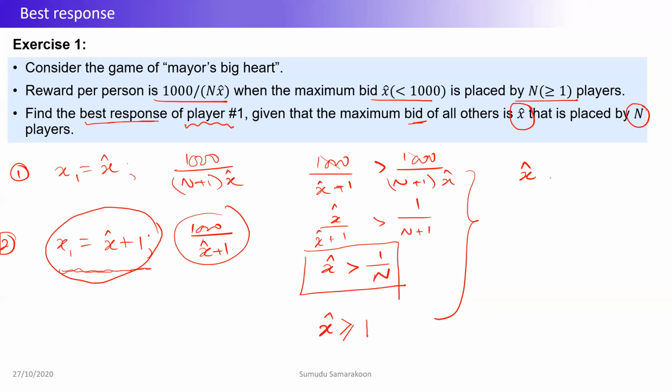So he has to always bid something larger than this, unless this x hat is 1000, because then only he can play 1000 and $1 is going to be divided among everybody. So I think we came to the same conclusion earlier without introducing the concept of best response, but this is just a validation.